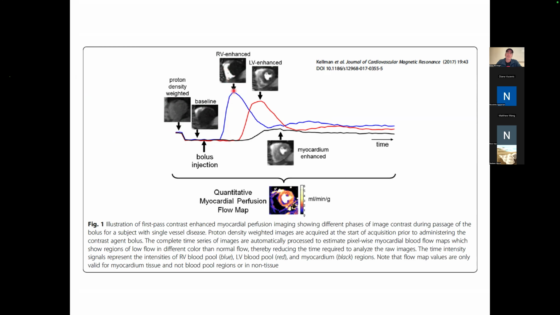So the right ventricle is very bright and it goes out, right, the pulmonary artery to the lungs, and then it comes back from the lungs into the left ventricle, which gets bright after this. And then as it comes into the left ventricle, it also goes down the coronaries and into the myocardium. And so we see the uptick of the signal in the muscle itself.